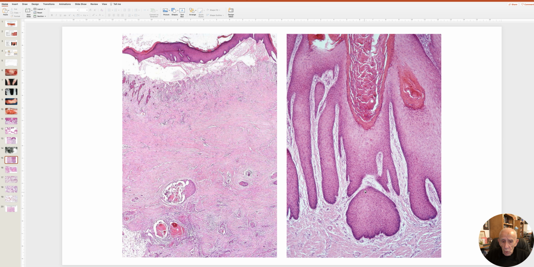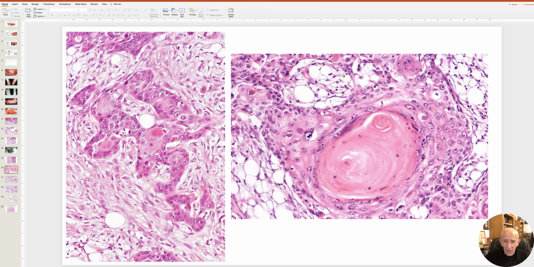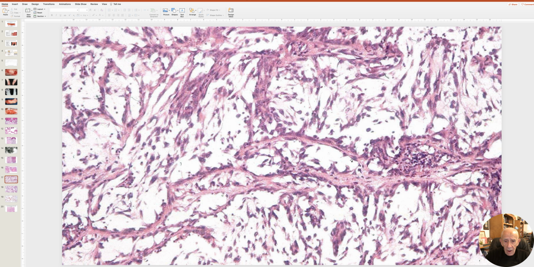This was a verrucous carcinoma arising in an EB patient. And as you see there, it's well differentiated. There's obviously keratinization. And this was a strange one.